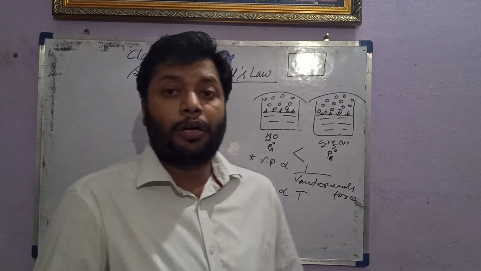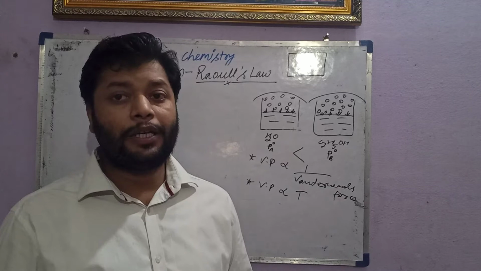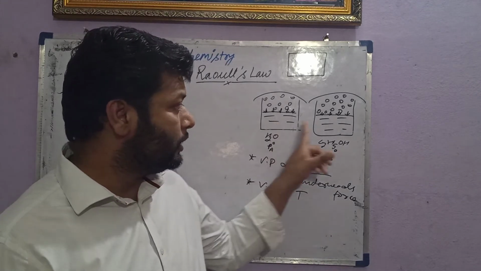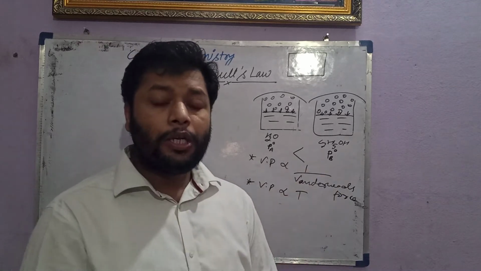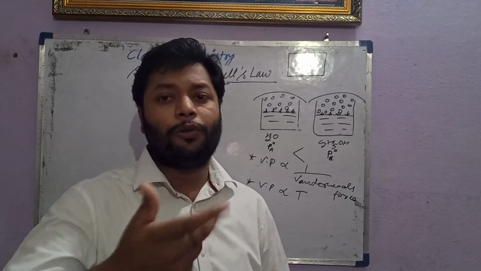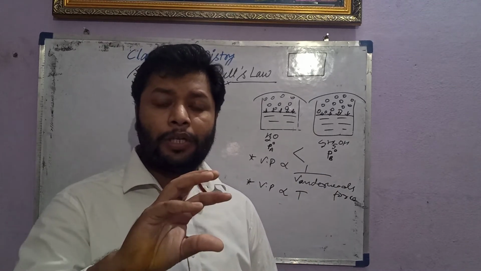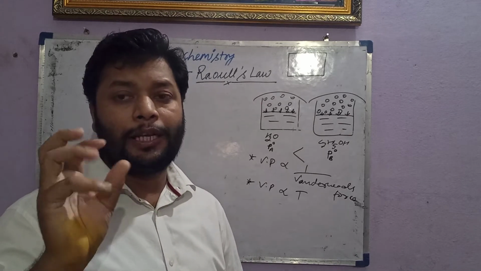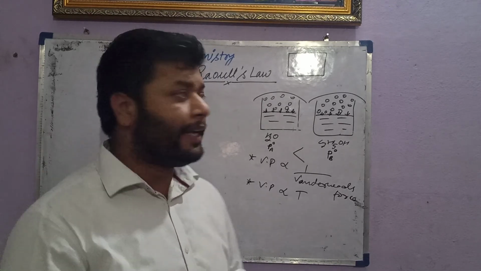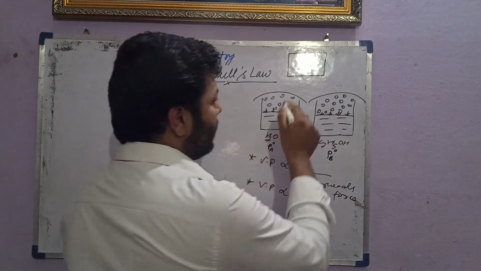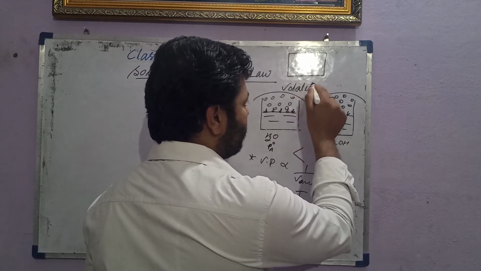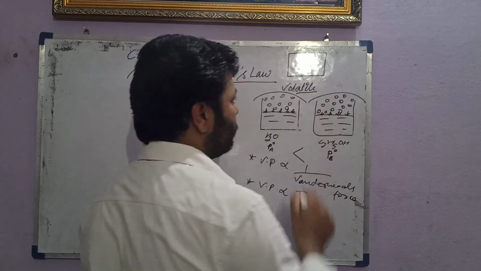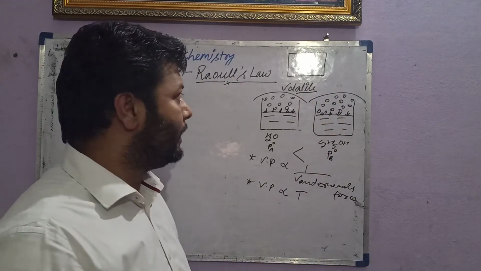Now we have a third factor. Suppose these two liquids are pure. Now suppose we are making a solution by mixing some non-volatile solute. We are using the words volatile and non-volatile.